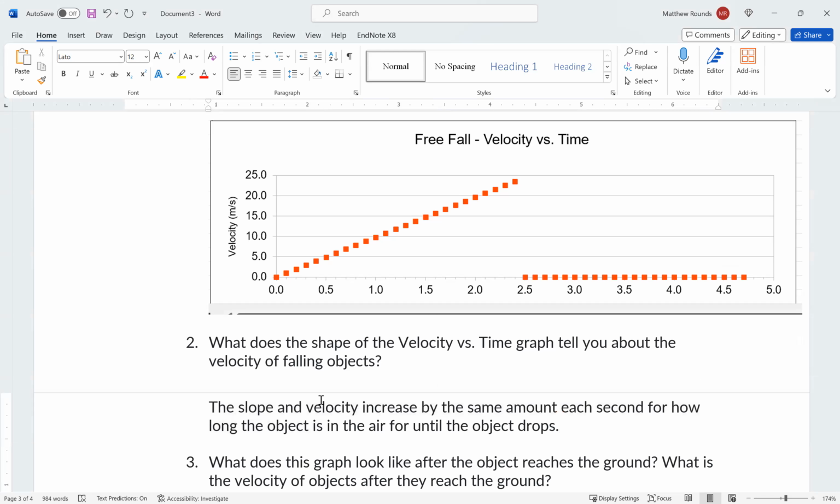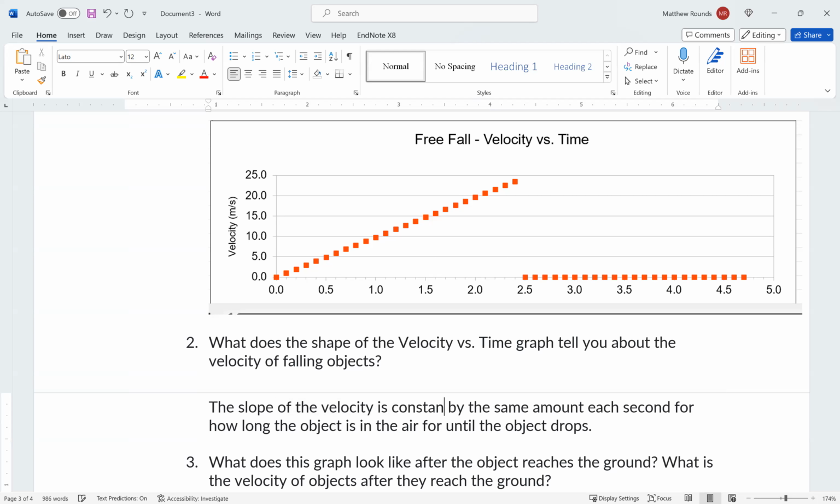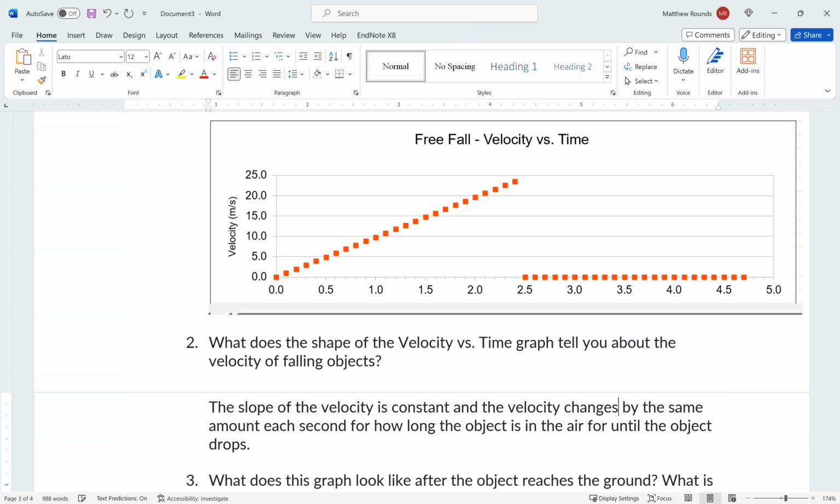Okay, the slope of the velocity is constant. And the velocity changes by the same amount for each second the object is in the air until the object hits the ground.